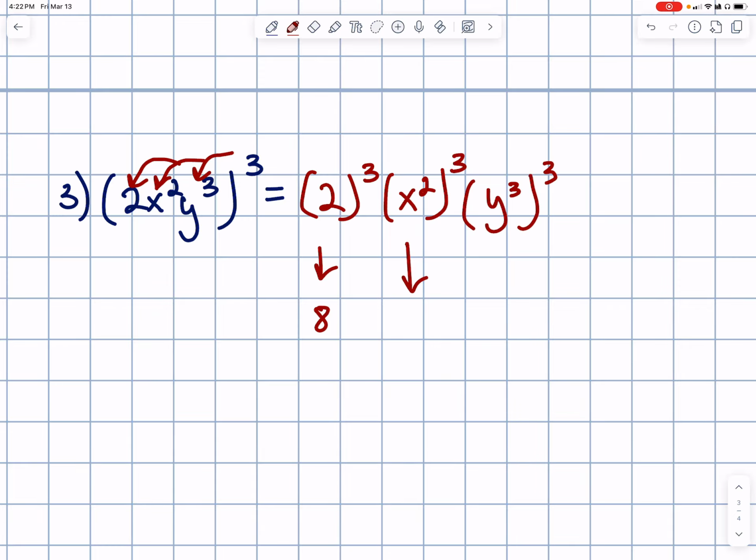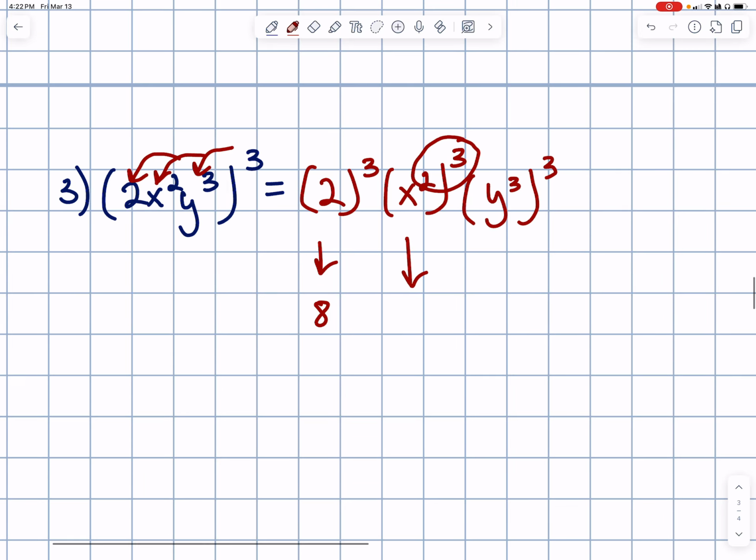Then we have x to the second. We know from exponent rule number 1 that we just multiply these. So what's 2 times 3? 6. So it'd be x to the 6th power. Then we have y. It's only y, so we're going to carry it there.